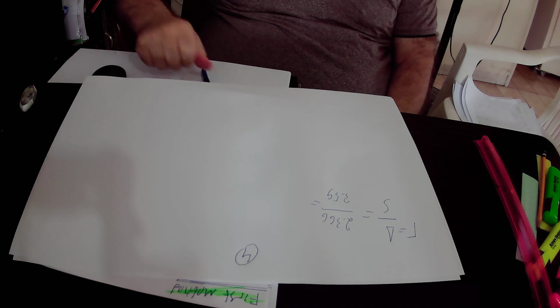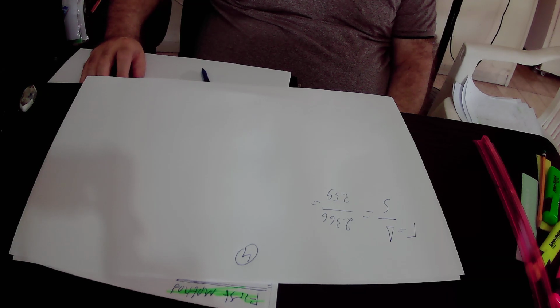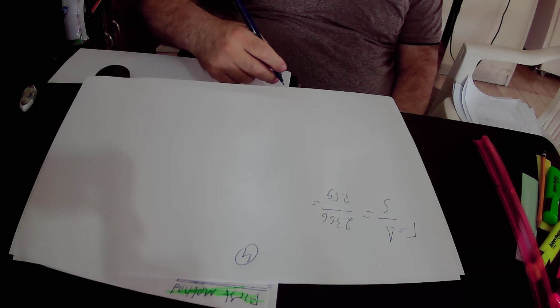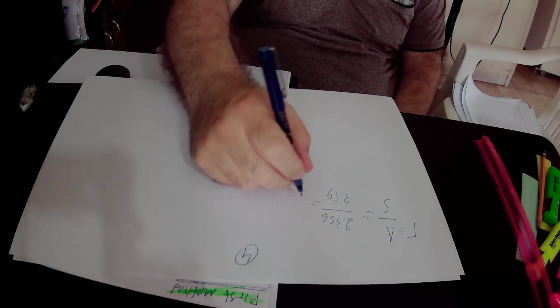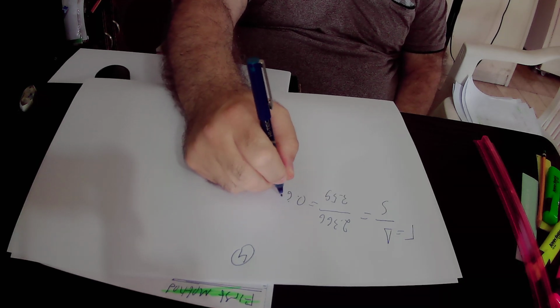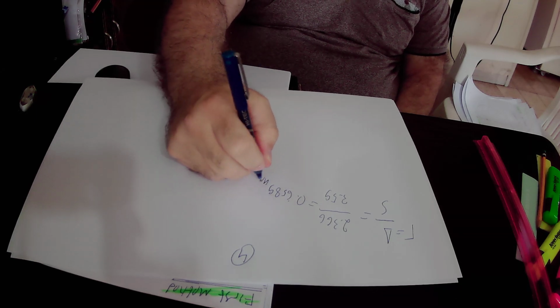So the result will be 2.366 over 3.59 equals 0.6589 units.